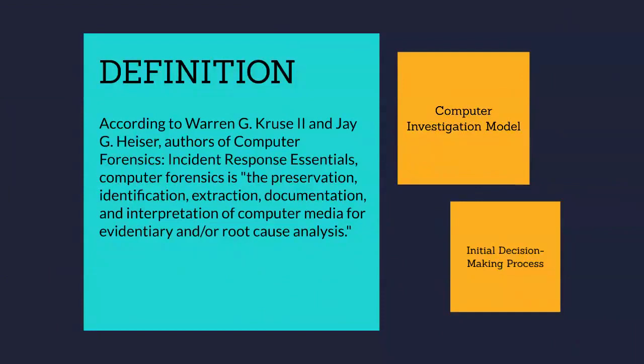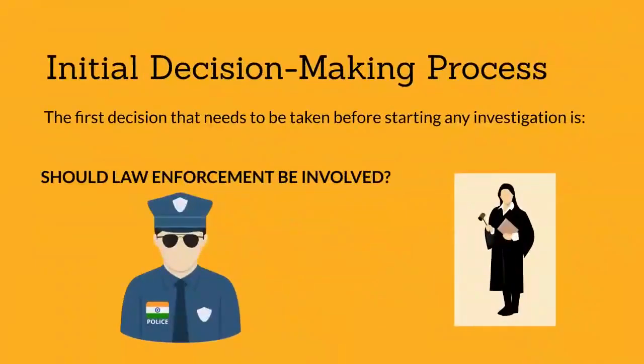Before you begin each of the general investigation phases, you should apply the initial decision making process. You should determine whether or not to involve law enforcement with the assistance of legal advisors.